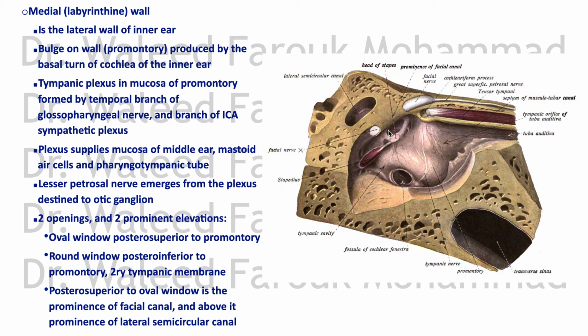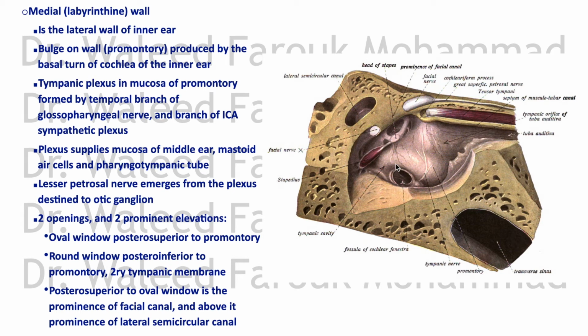Now the oval window will be plugged by the basal process, or foot process, of the stapes, while the round window will be covered by a membrane, and this membrane is called the secondary tympanic membrane, because the primary tympanic membrane is the lateral wall of the middle ear. This is the secondary tympanic membrane.